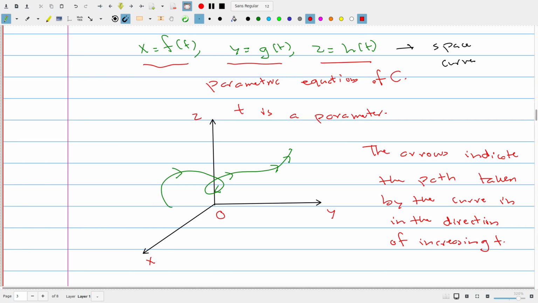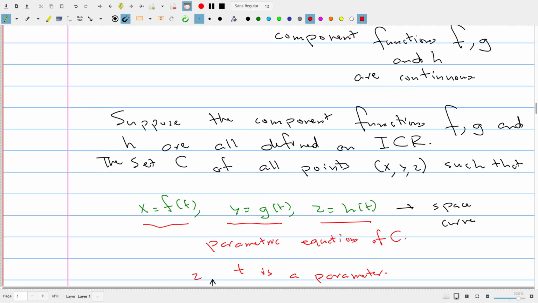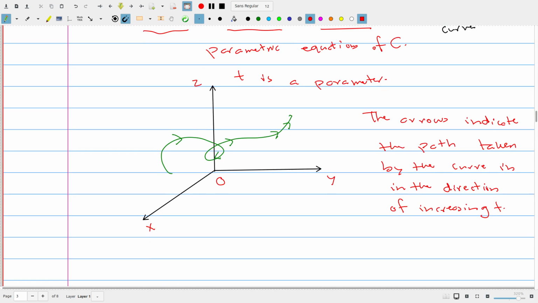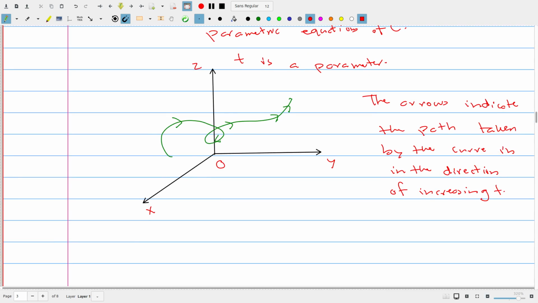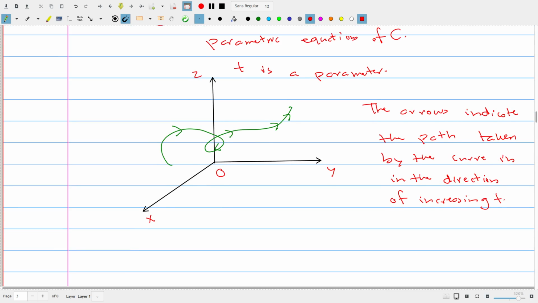Now, if you have only one input variable, parameter, you know that it's going to be a curve because you've looked at parametric equations before in 2 dimensions. Now what we're basically doing is extending that to 3 dimensions.